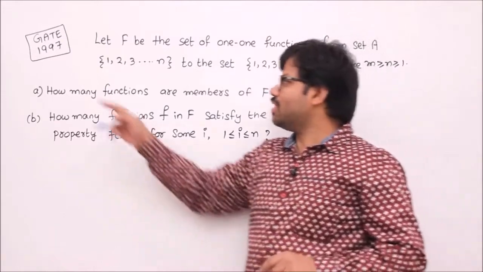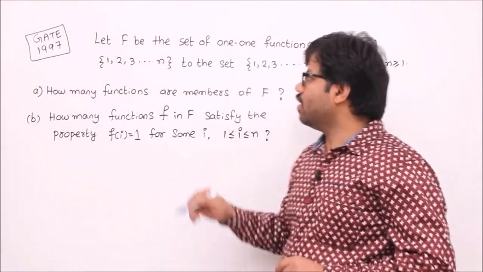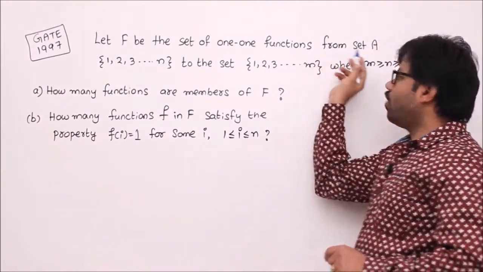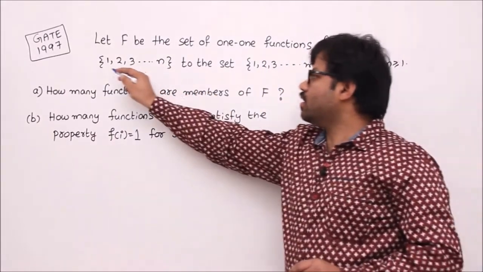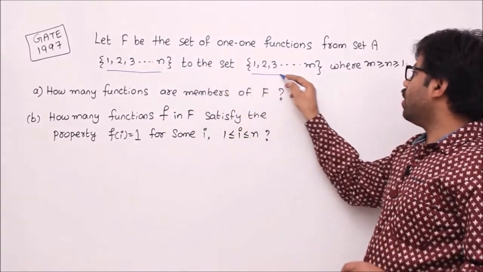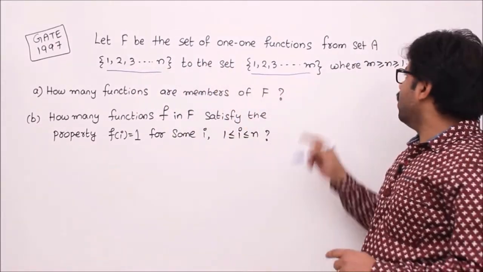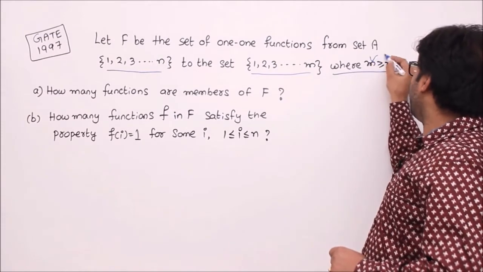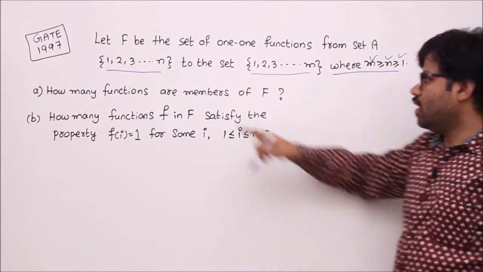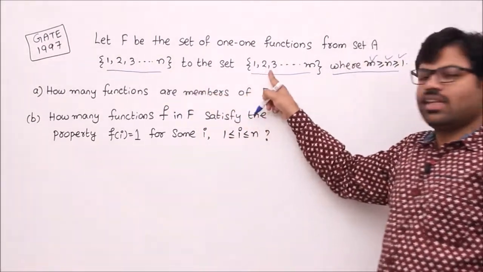Let's see one more question which was asked in the GATE 1997 paper. Let's read it. Let F be the set of 1-to-1 functions from set A, which is 1, 2, 3, and so on to n, to the set 1, 2, 3, and so on to m, where m is greater than or equal to n, greater than or equal to 1. We know that to have 1-to-1 functions, the necessary condition is that this set should be smaller than this set, otherwise equal.